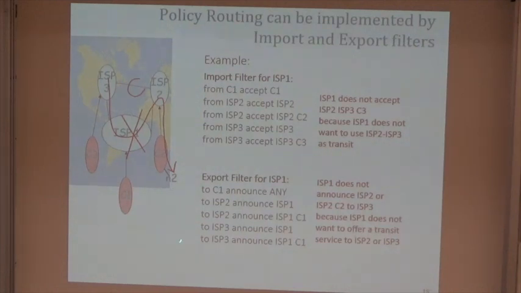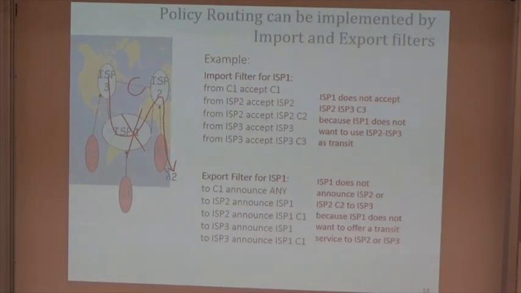So if you are a Swisscom customer or an AT&T customer and you have traffic that goes from Europe to the US, you want to be sure that it goes with the quality of service that AT&T is able to provide to it. Perhaps AT&T is also using some kind of traffic segregation for specific classes of traffic. And so it doesn't want to take chances and say, I go here. Yes, it will be cheaper, but it will also be unpredictable quality. So that might be a reason for ISP1 to not accept this.